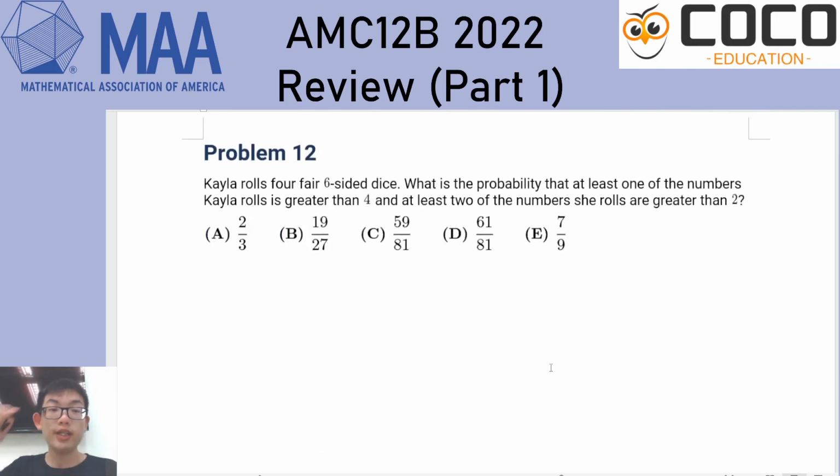Question 12. Kayla rolls 4 fair 6-sided dice. What's the probability that at least one of the numbers Kayla rolls is greater than 4 and at least 2 of the numbers she rolls are greater than 2? Okay, so for this one, you can see that all of the options have powers of 3 in the denominator, because essentially the cutoff points are 4 and 2.